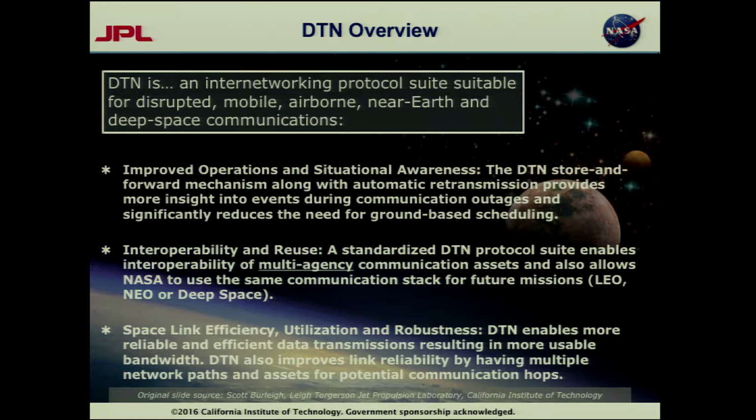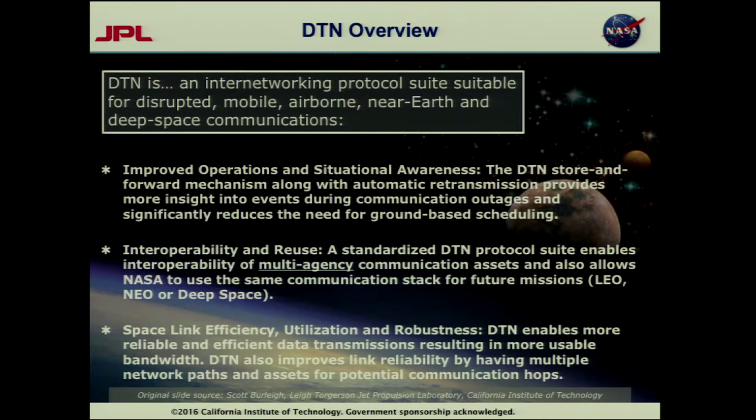And improved operations and situational awareness. So you have this store and forward mechanism along with automatic retransmission that provides more insight into events during communication outages and reduces the need for ground-based scheduling.